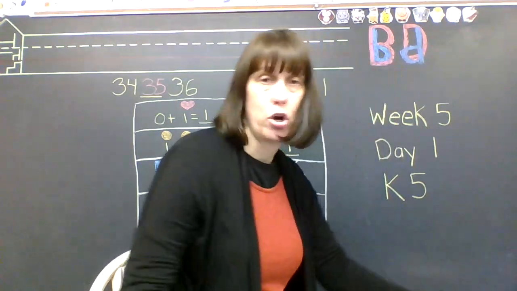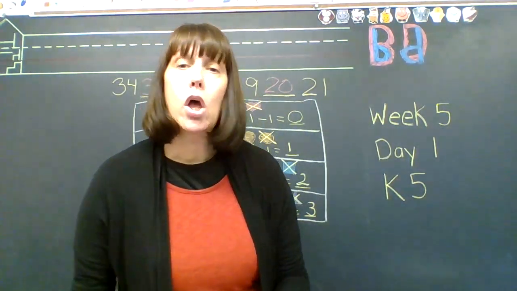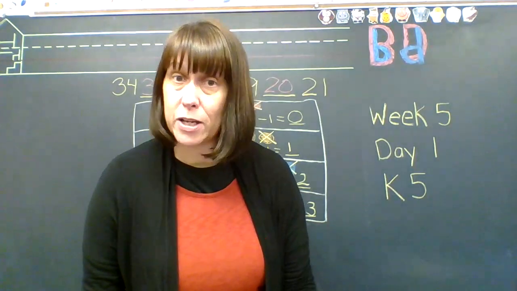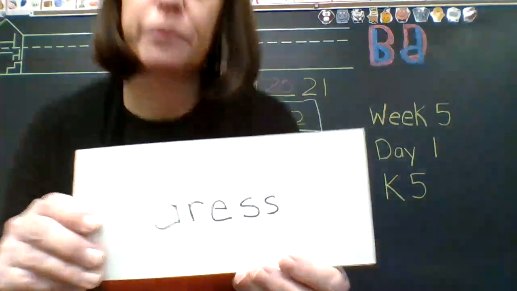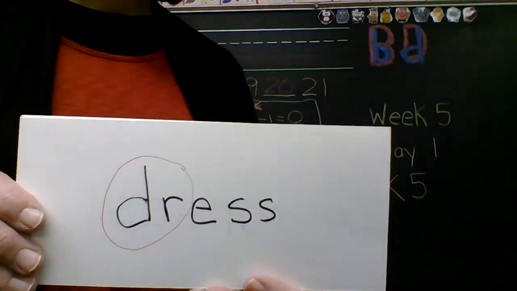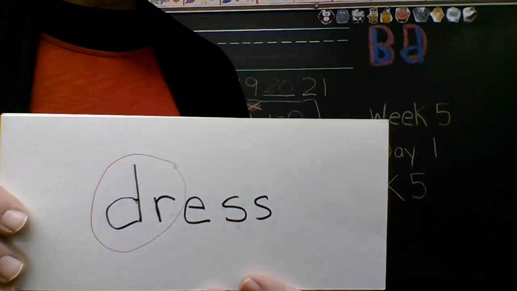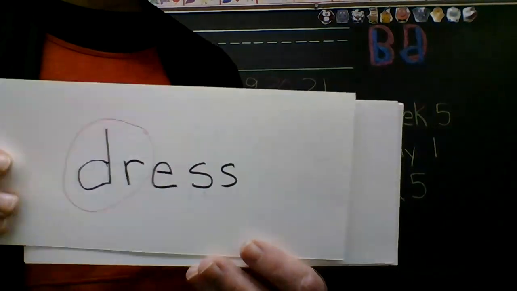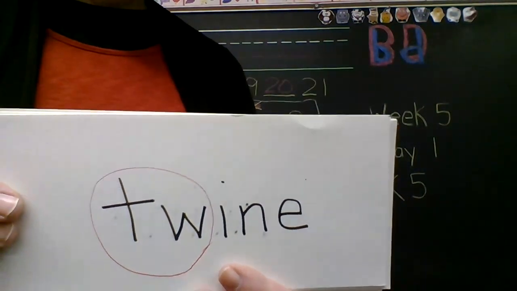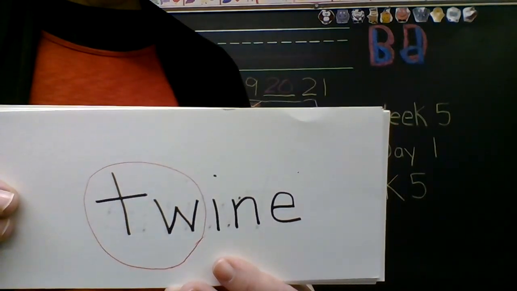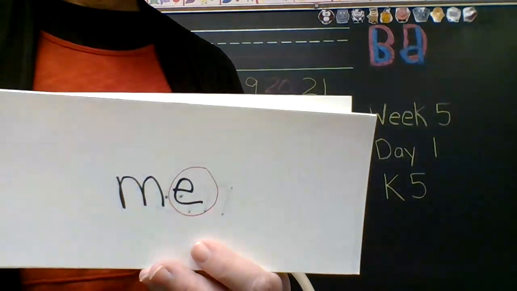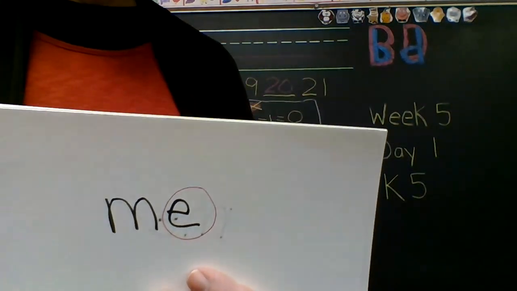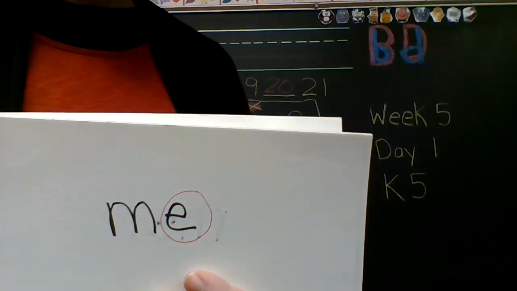we're going to do some flashcards for some of the ones that we already know. All right, so look at the flashcard, think about your special sound, think about your vowel sounds, read the word, and remember, if it's a D or B and you're not sure, you can look up here. All right, you ready? Dress. Twine. Me.